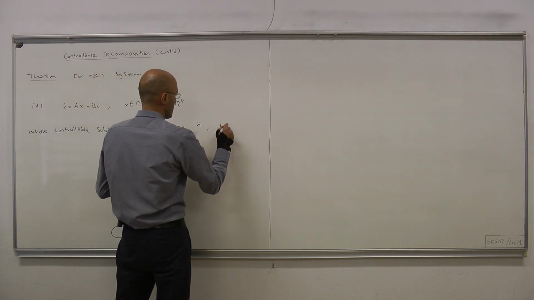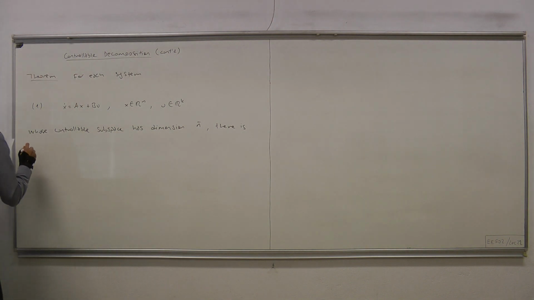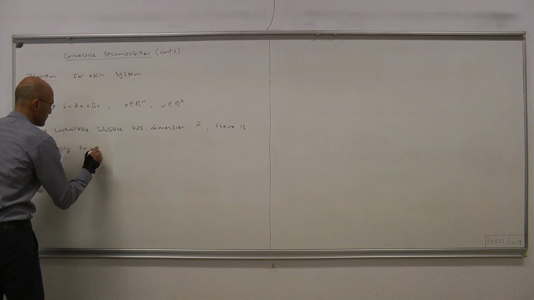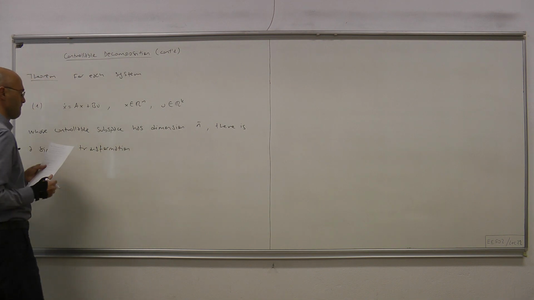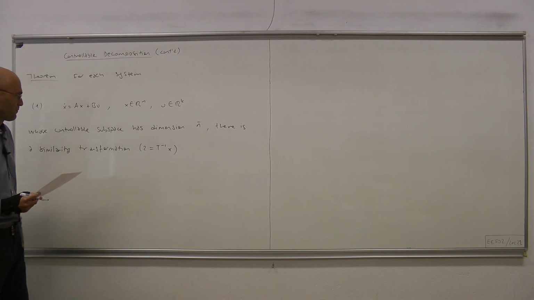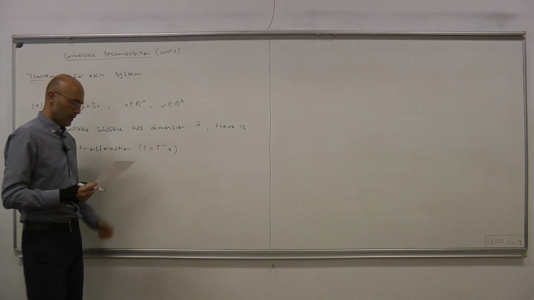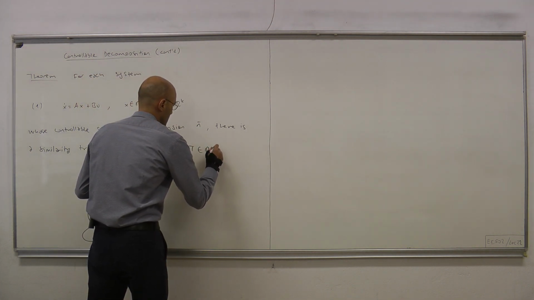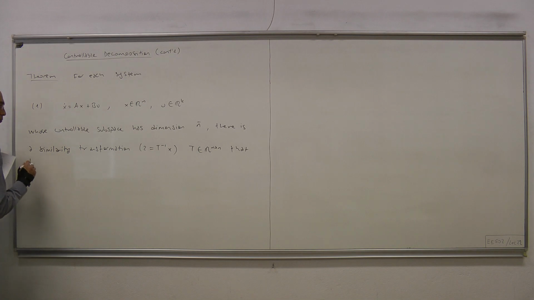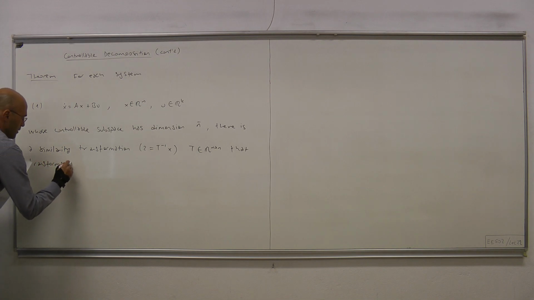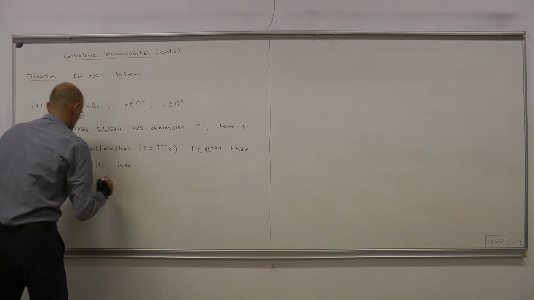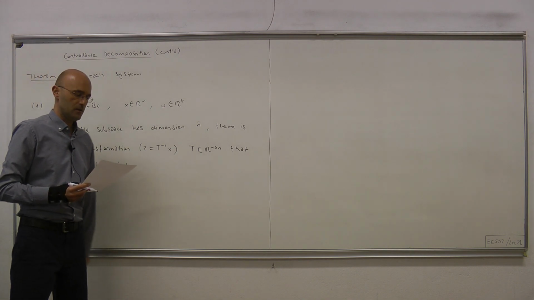There is a similarity transformation z equals T inverse x, where T is an n by n matrix, T is in R n by n, that transforms the original system into the following form, which we denote by equation number 2.